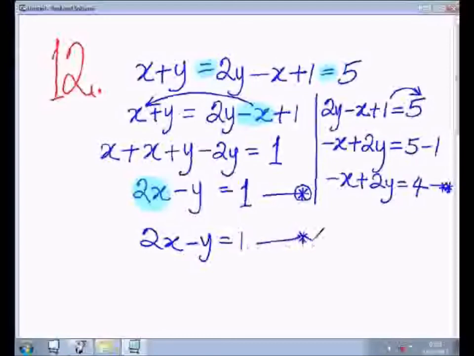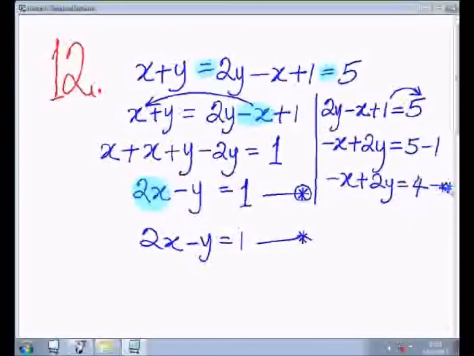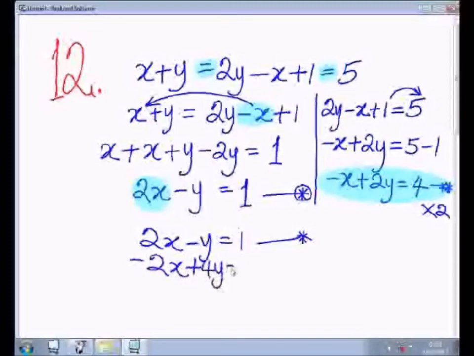Then by multiplying this equation double star by 2, we have minus 2x, that is 2 times minus x, then 2 times plus 2y will give us plus 4y is equal to 2 times 4 will give us 8. So we may call this star star star.